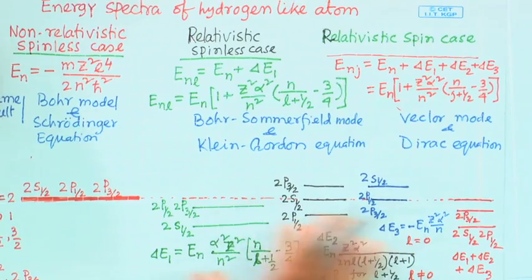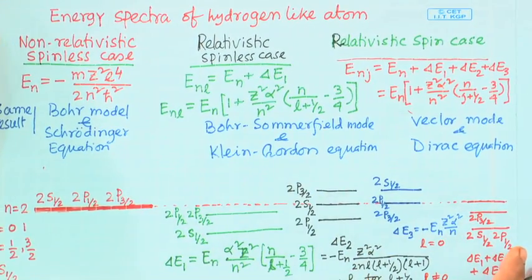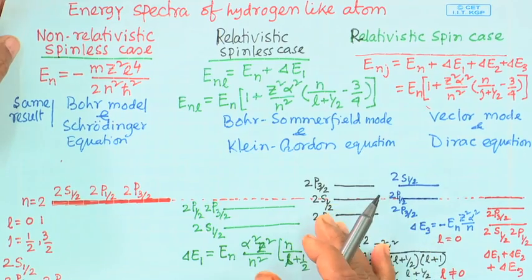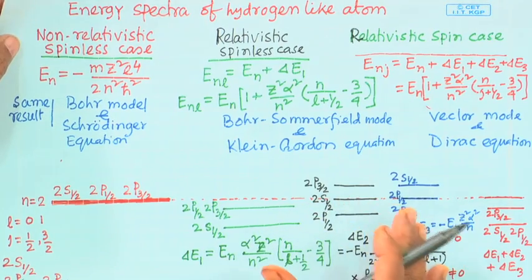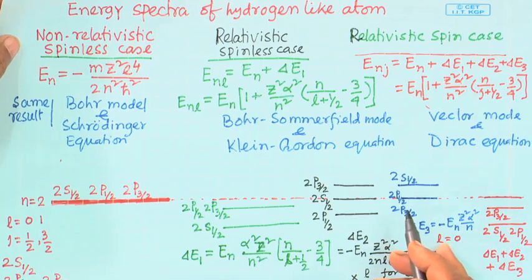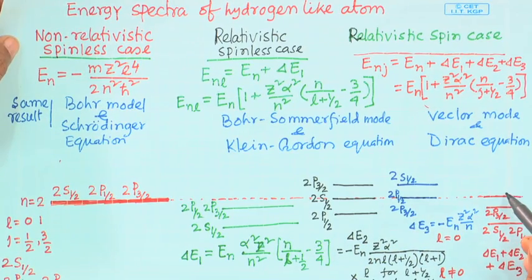Okay. So, these are the effects of the different correction terms on the spectral energy levels that I have shown individually, but we will not see them individually; ultimately we will see the total effect, which is the energy level.